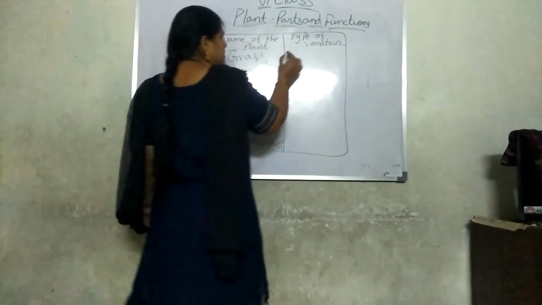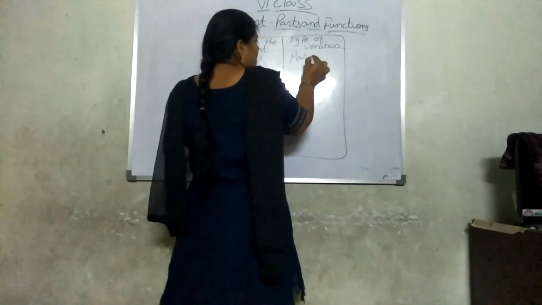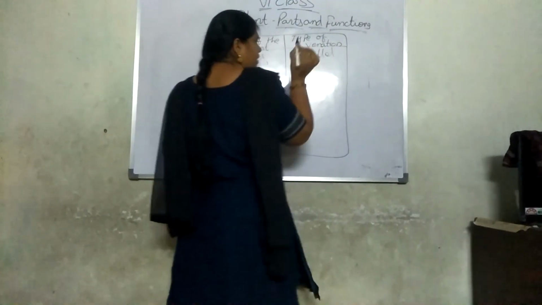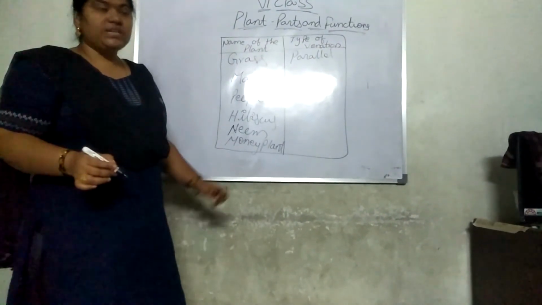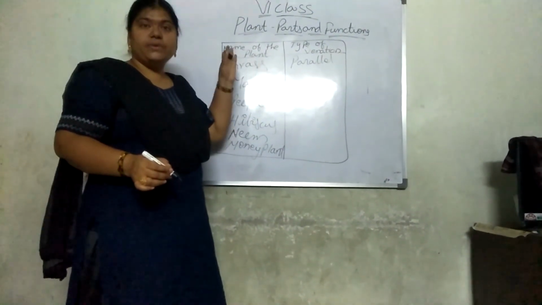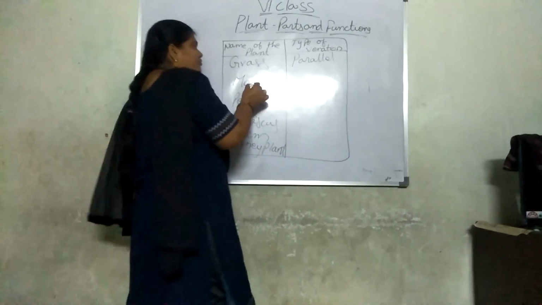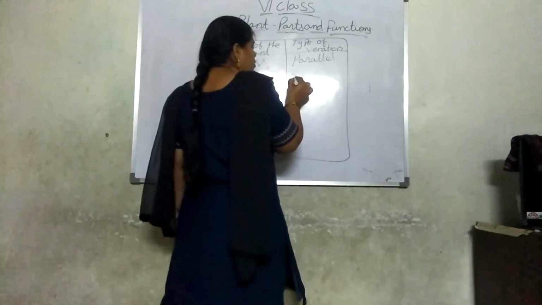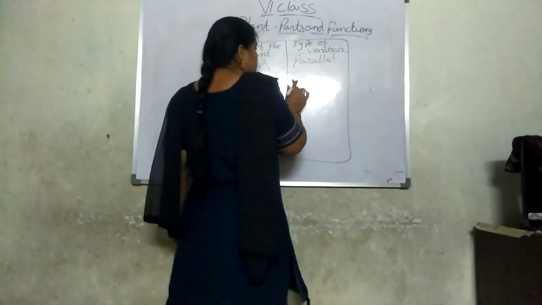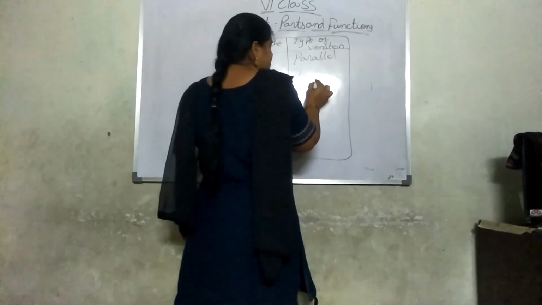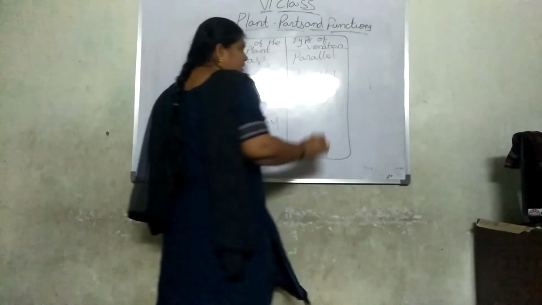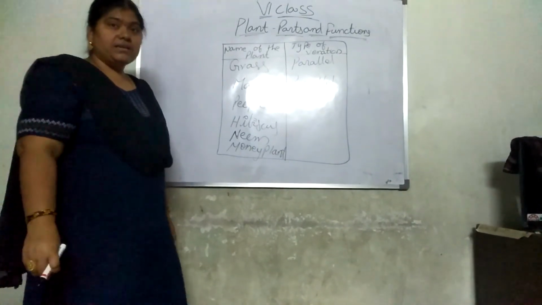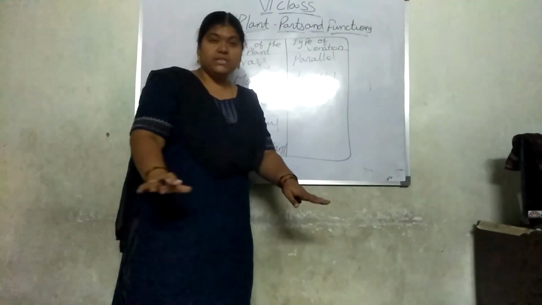When I take grass, it has parallel venation. And what is the root system of this grass plant? Fibrous root system. Taking mango, this also comes under parallel venation, but it is not like a grass plant, very small.